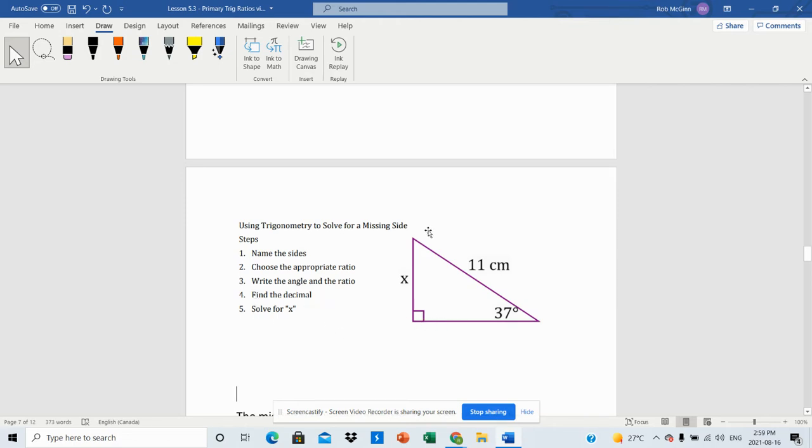So in this question, I've got my triangle here, and I've got my missing side x. And I notice that it is directly opposite my angle of 37 degrees. So x here, this side is my opposite side.